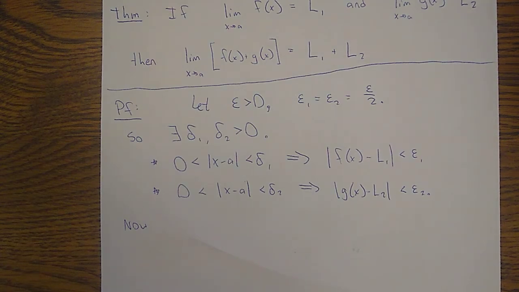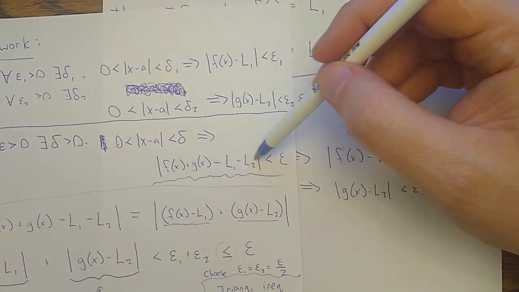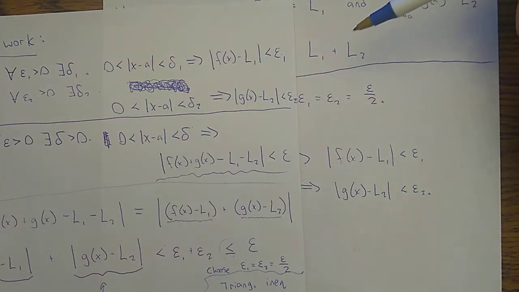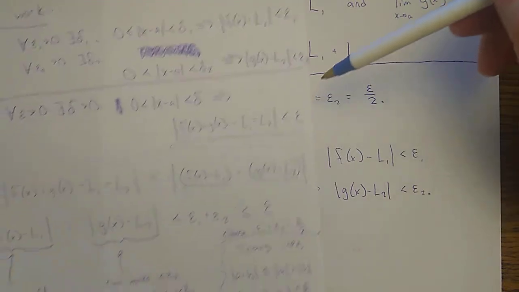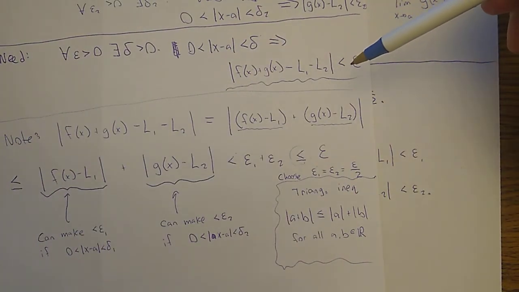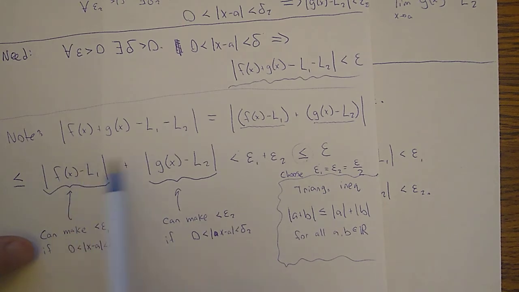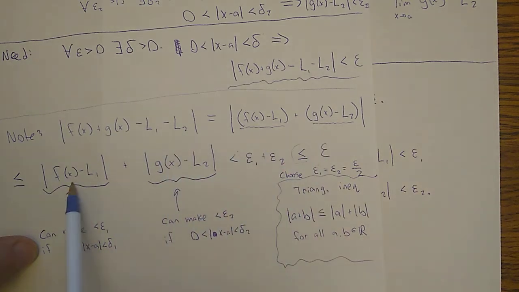So how is the rest of this proof going to go? I need to start talking about this quantity, and I know what I'm going to do with this. I'm going to break it up using the triangle inequality. Since I've already done scratch work, let me try to think a couple of steps ahead here. I break it up using the triangle inequality.